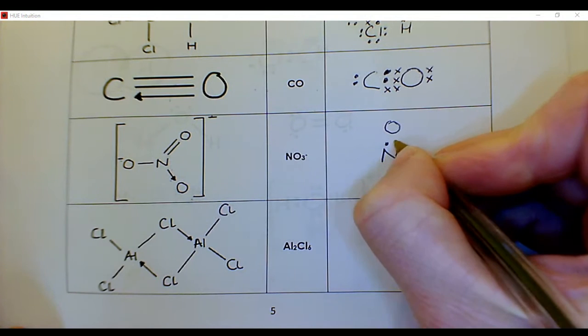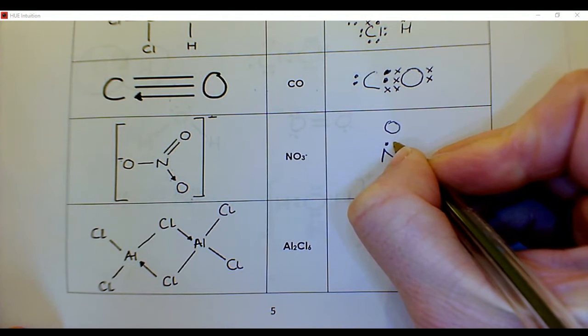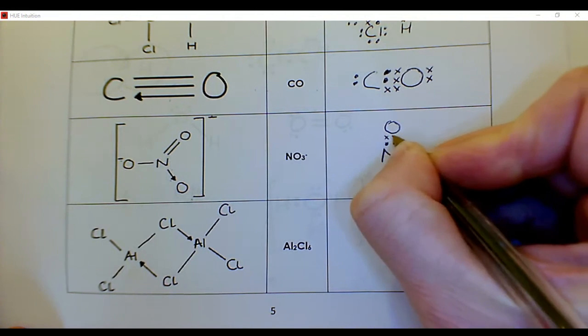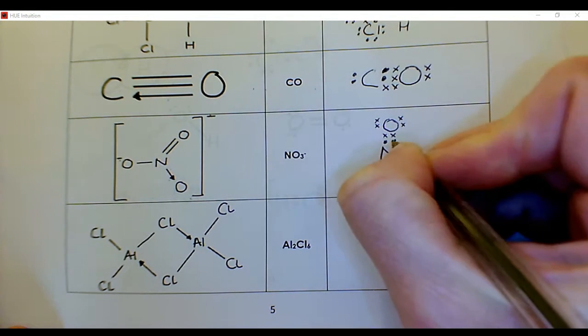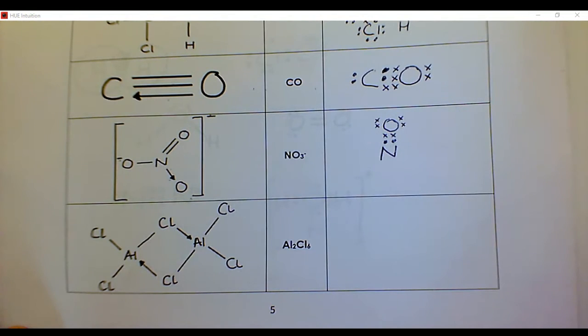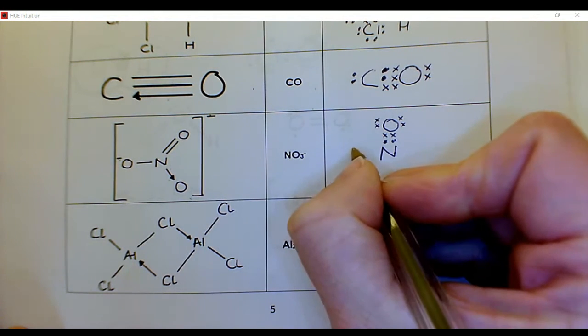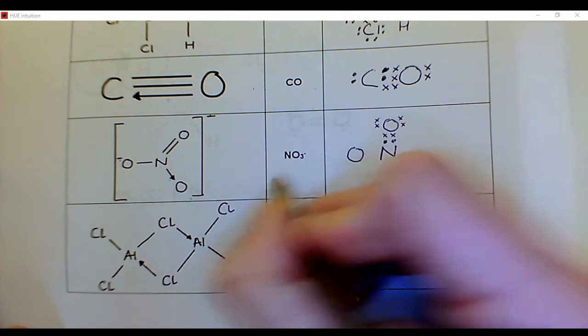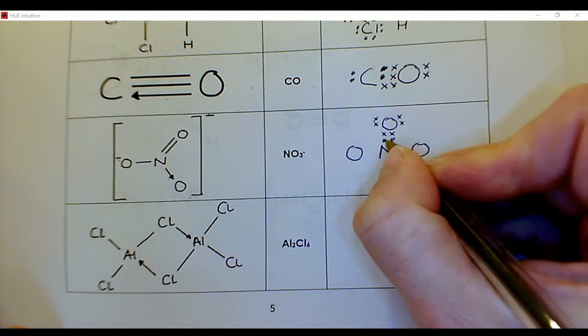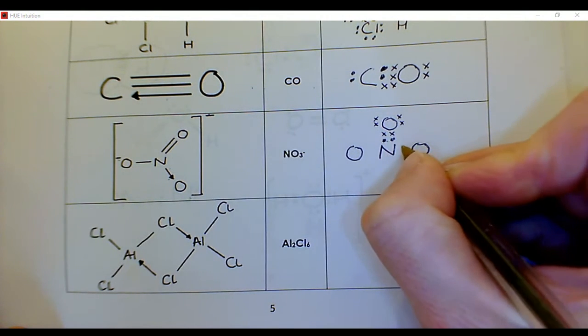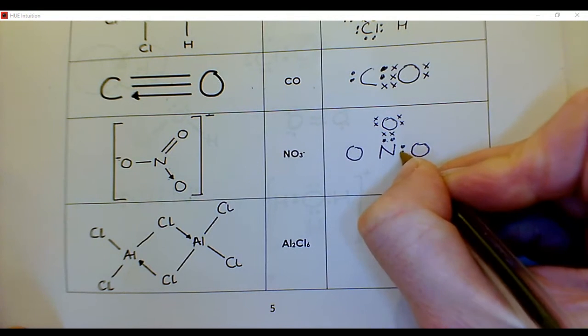So dot, x x. So we make that oxygen. Okay, so 2 of nitrogen's. So that's the double bond. And then let's put the coordinate bond. We've used dots as nitrogen's, so 2 more electrons here.